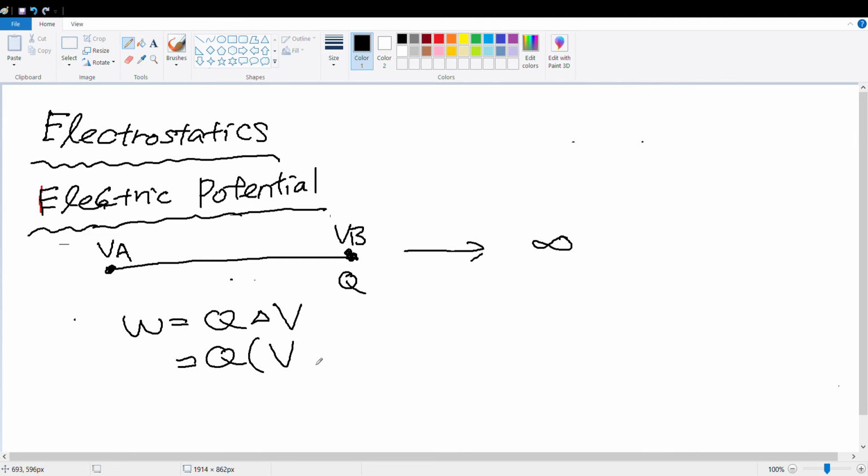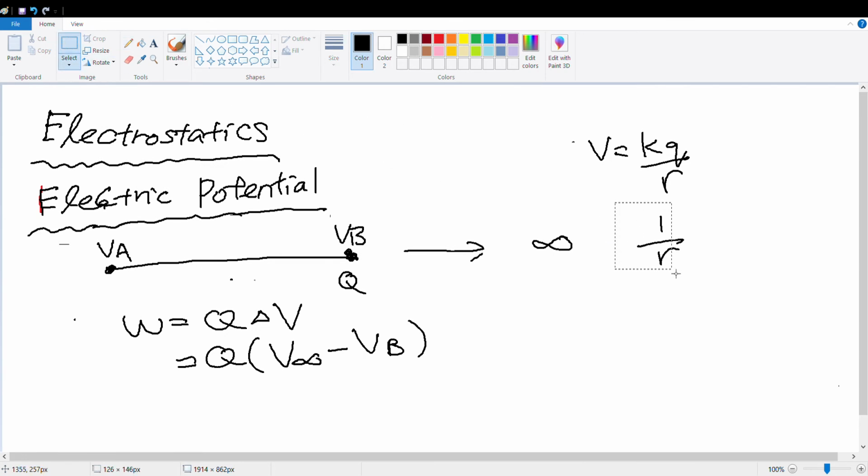This is actually V infinity minus VB. We know that V is equal to KQ over R. So 1 over R is approaching infinity.